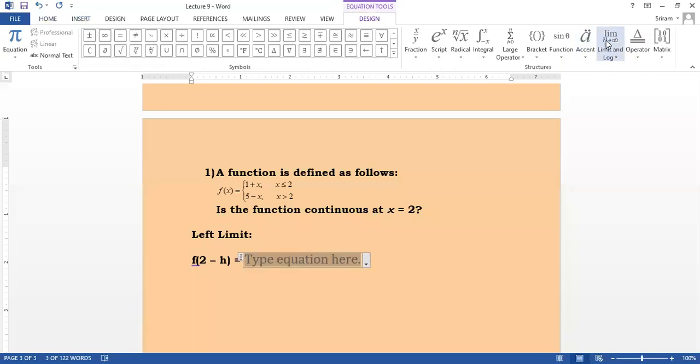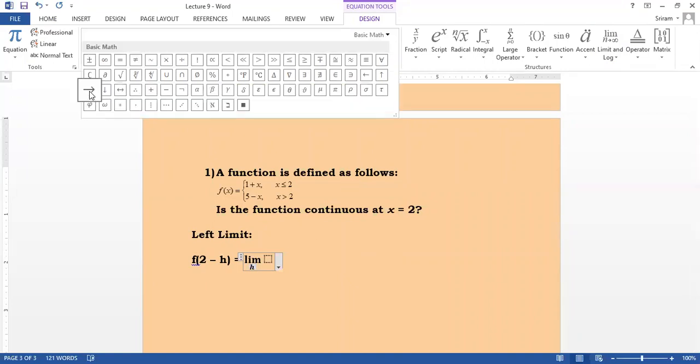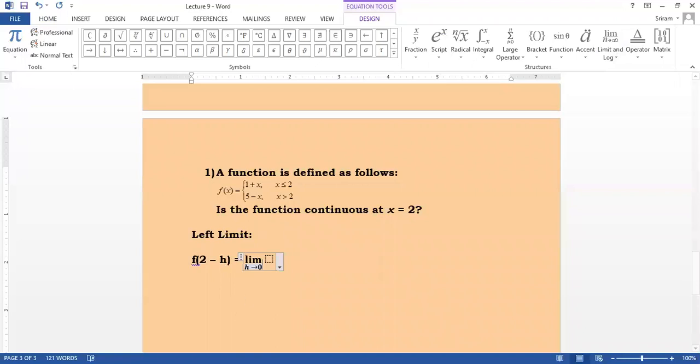So there is the limit as h tends to 0. I am going to check the value for f of x. Here f of x is equal to 1 plus x for all the values of x less than or equal to 2.